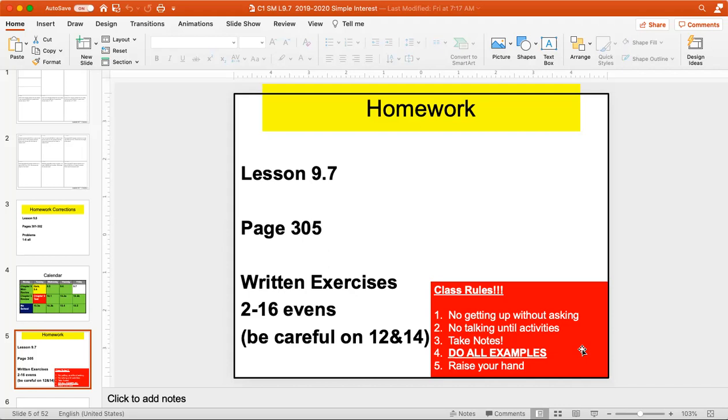Number 2, 2 answers. The interest is $1,530. Total, how much you got to repay? $5,780. And these are in dollars. Number 4, interest is $420. The total was $3,920. Number 6, the interest is $2,320.